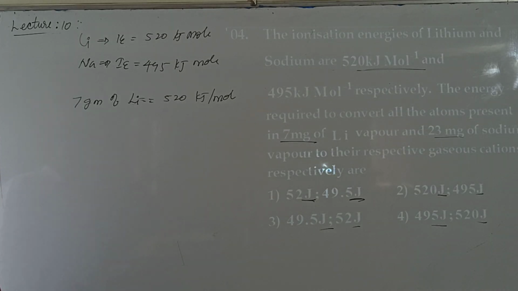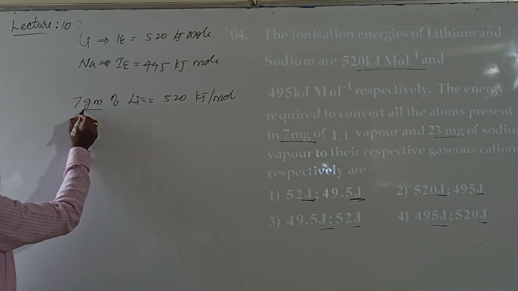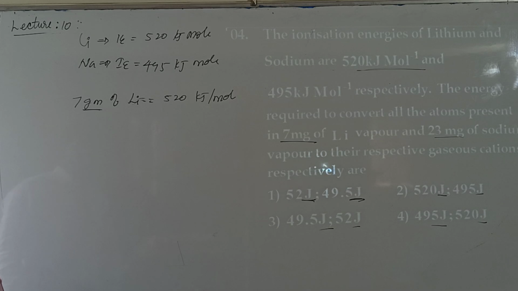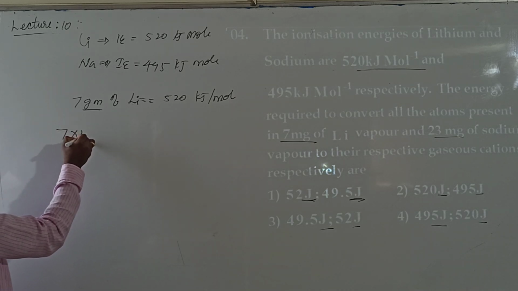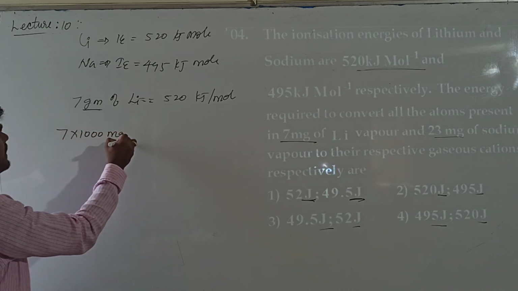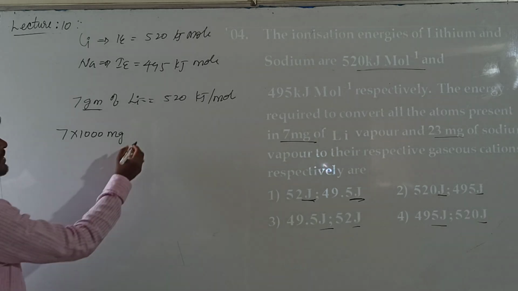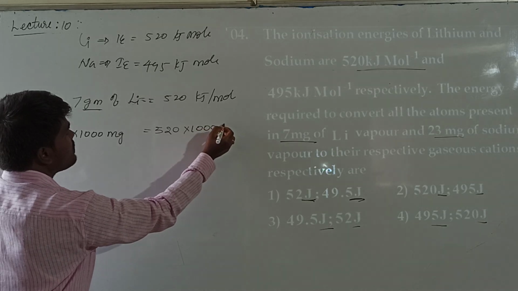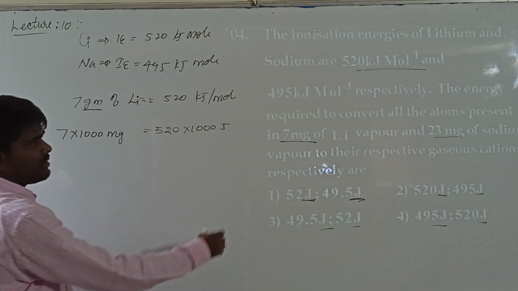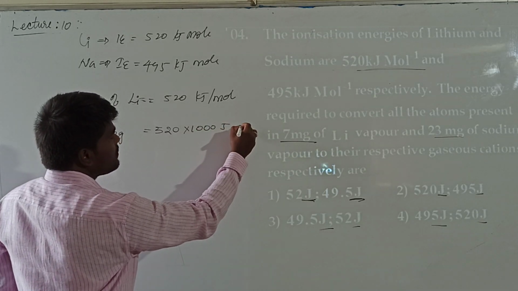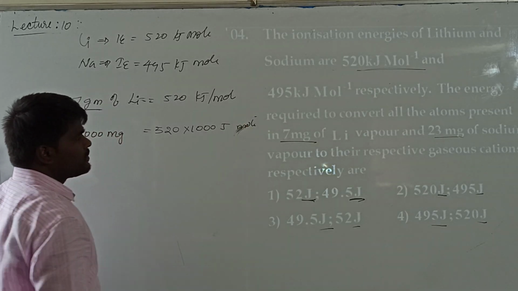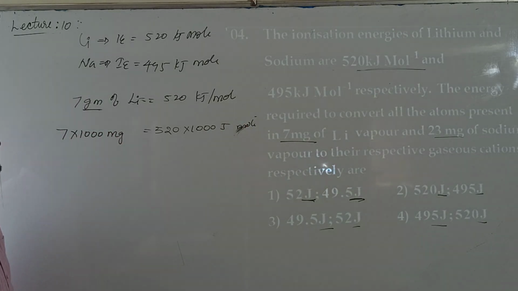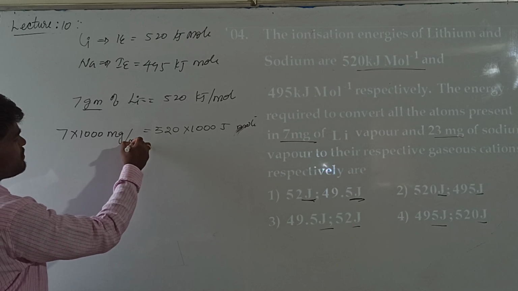So, if you want to convert this, 7 grams can be written as 7 into 1000 milligrams of lithium, which requires 520,000 joules per mole. Are you getting this? Right?